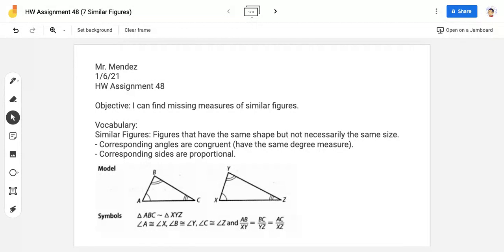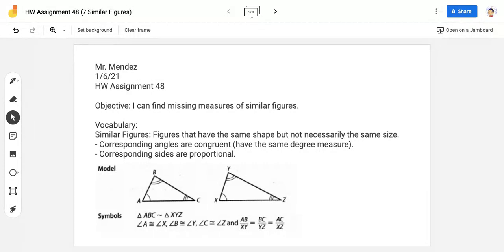So here's what the symbols mean. Triangle ABC, because when there's a little triangle, it's saying triangle ABC. The little squiggly is similar to triangle XYZ. So triangle ABC is similar, because remember this means similar, to triangle XYZ.